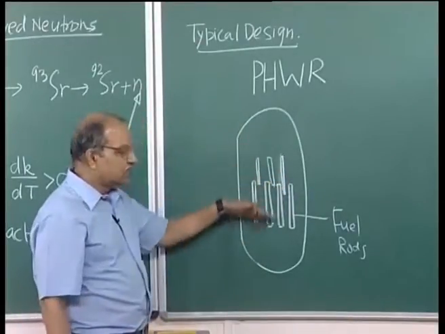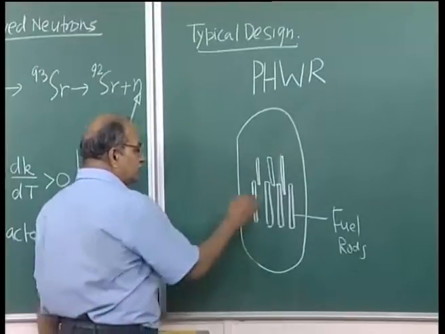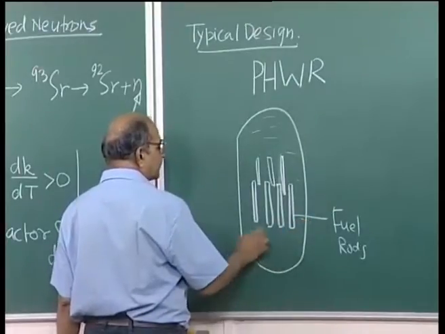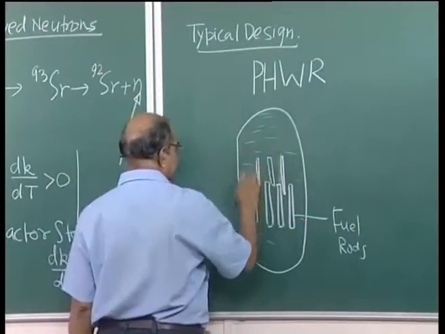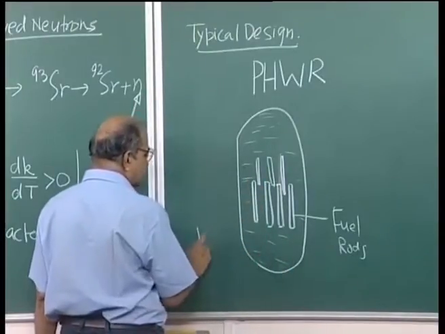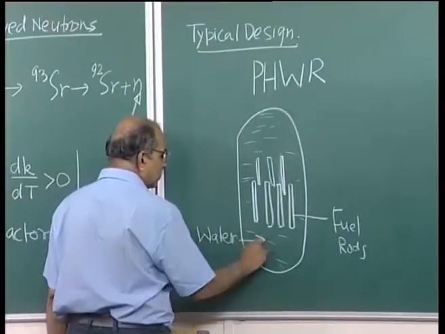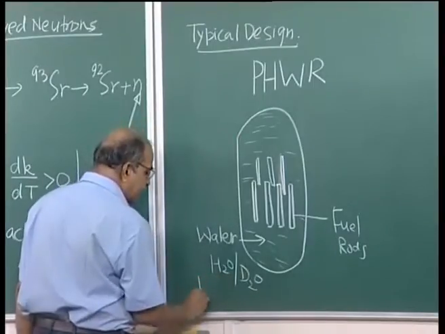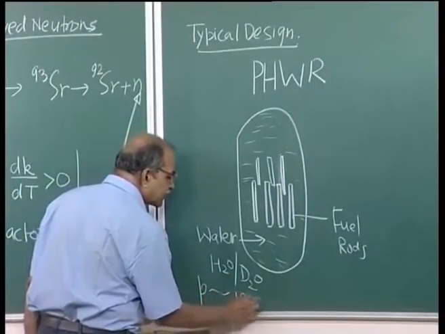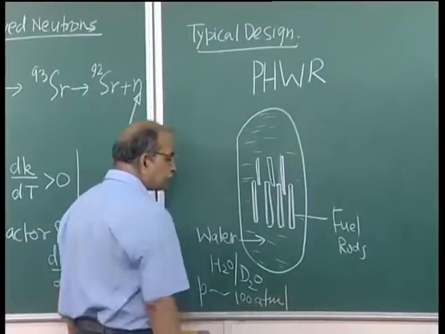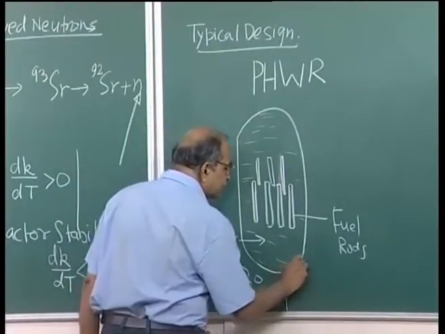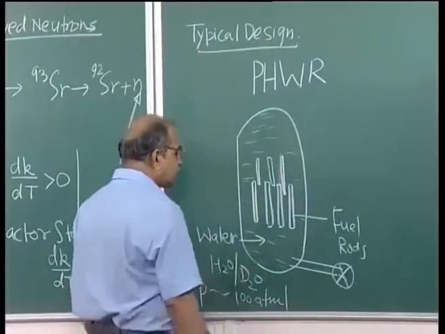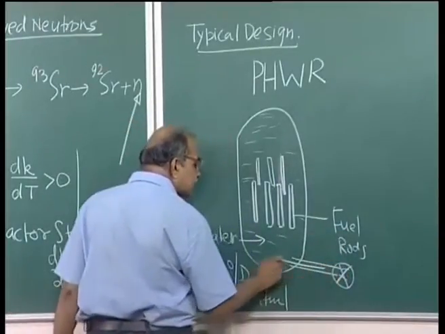The control rods can be inserted in or taken out, and in this we put water or heavy water, H2O or D2O, at very high pressure, with pressures of the order of say 100 atmospheres, and this is sent in at high pressure. Some pump is there, some tower is there, from where this pressure is maintained and this water is pushed in.